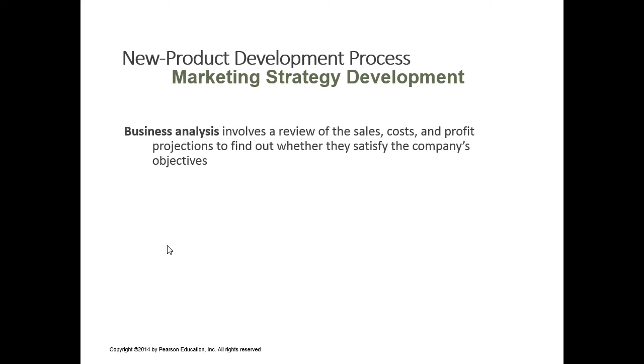We'd get people from research and development, the engineering types of people. We get finance involved if we're not going to use cash and we need to raise capital for it. We'd get the people in manufacturing and their engineers to figure out whether or not we have the physical plant and equipment to make this new product.